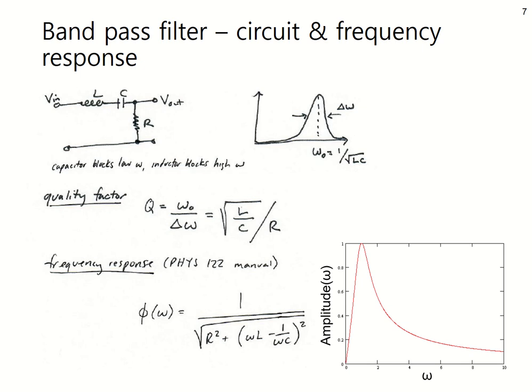Note that this is not a Lorentzian. A Lorentzian does not have this steep drop off on the left over here. But the way that we can think about what this frequency response is, it resembles a convolution of the frequency response function of the high pass filter and the low pass filter, where it would be a convolution of the decays of the Lorentzian and the low pass and high pass filter, but also that delta function that contributes that we just saw in the plot at low frequencies of the high pass filter.